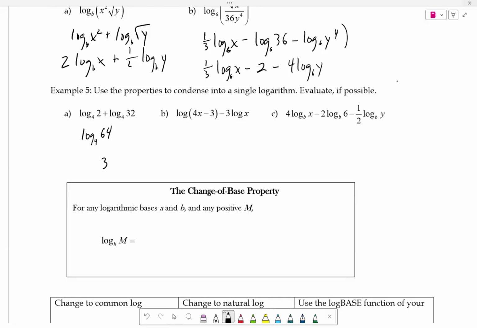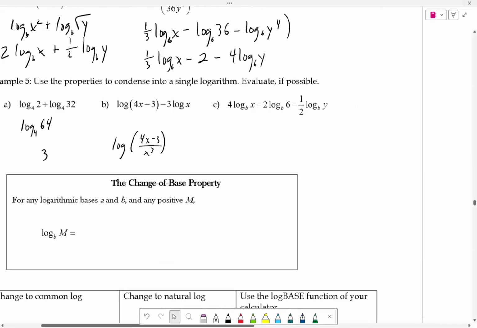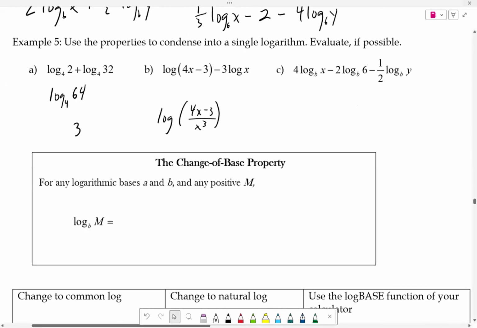For B, May, what'd you get? I think the only intermediate step here is that we have log of 4x minus 3 minus log of x cubed.